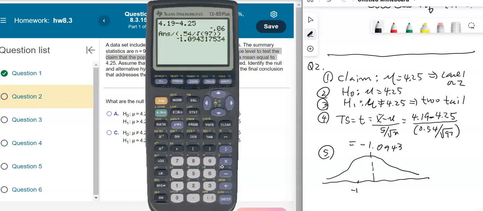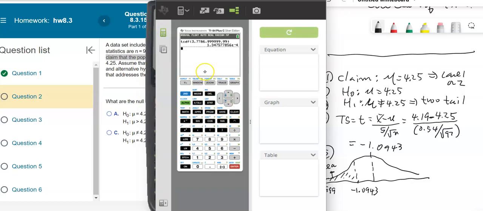Now, to find p-value, if this is negative 1.0943, all the way to the end is negative 99999. What is the area? Not p-value, area. So I have to use that. I'm going to clear, and second bars, go to tcdf.